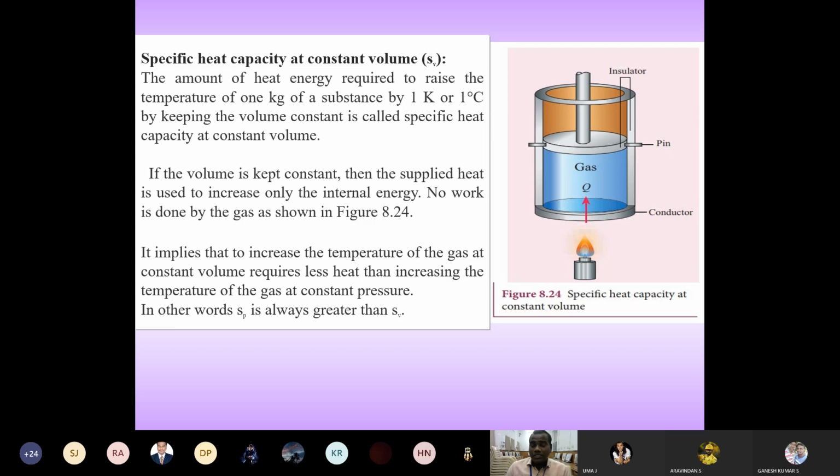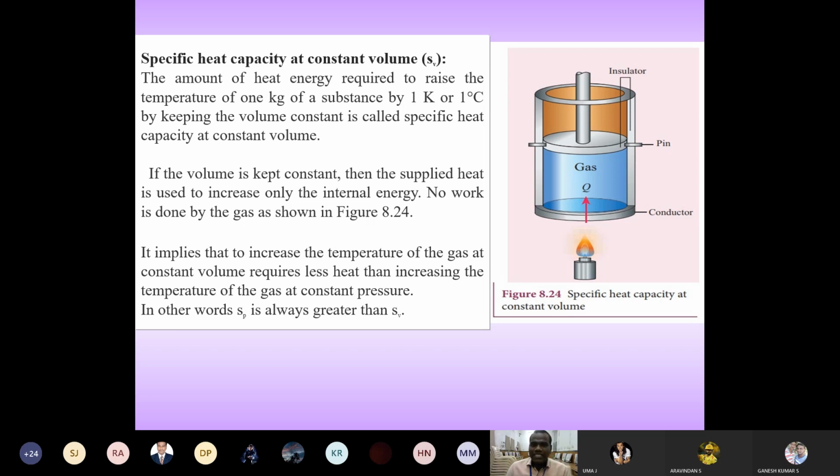If the volume is kept constant, then the supplied heat is used to increase only the internal energy. There is no work done by the gas, as shown in the figure.